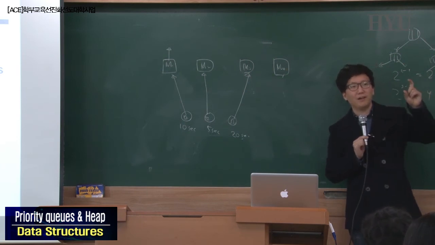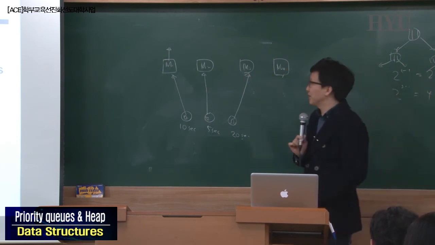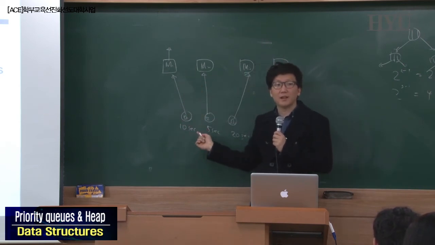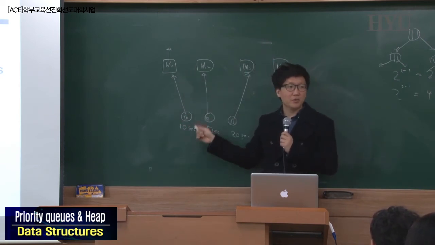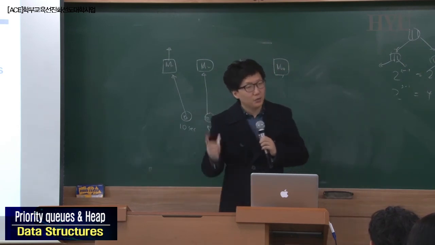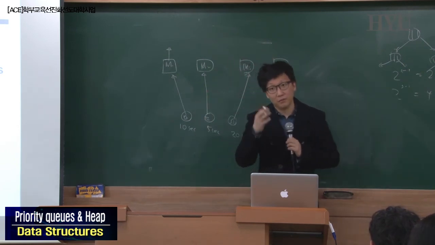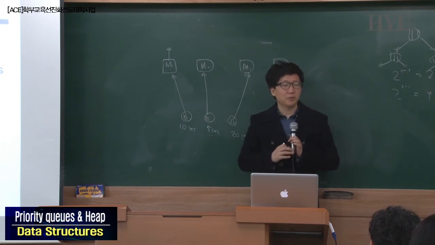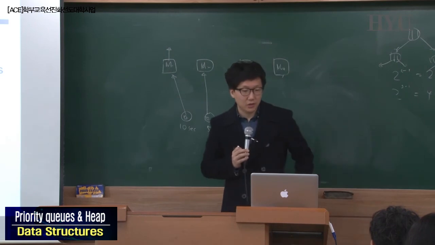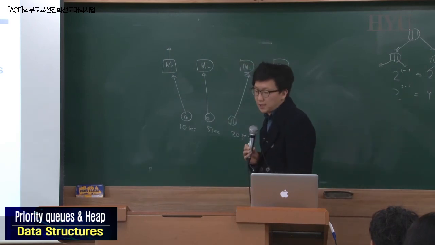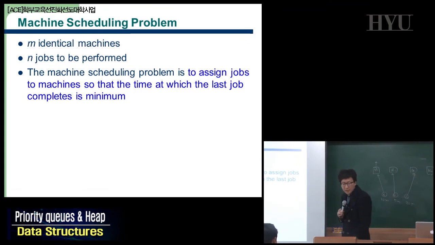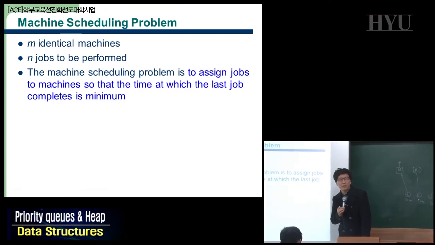I'm going to give the shortest job to one machine and the longest job to another machine so they can finish roughly the same time. That type of thinking is possible for us, but in mathematical formulas, there is no best solution to find out the scheduling. So the machine scheduling problem is to assign jobs to machines so the time at which the last job completes is the minimum.